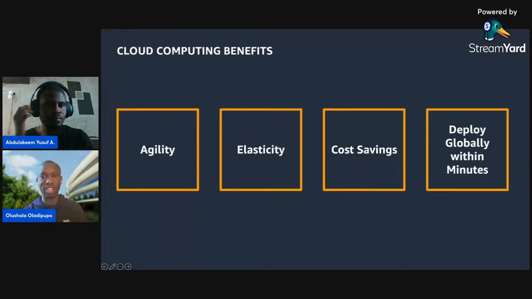So all these benefits of cloud computing and cloud native architectures are the main reasons why organizations are migrating to the cloud and why they need people like you, for example, to help them achieve their goals, save them a lot of cost, and deliver more for their customers.